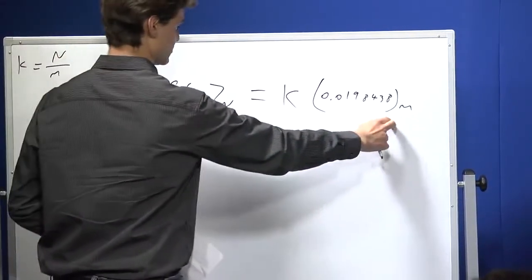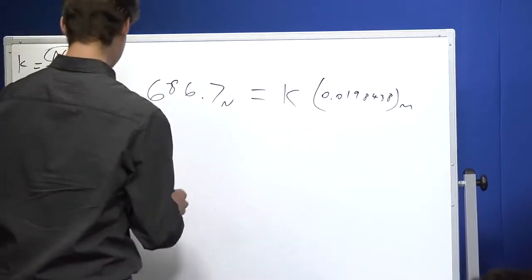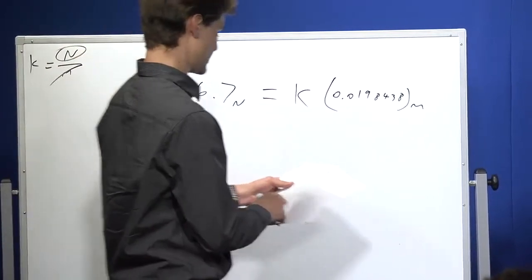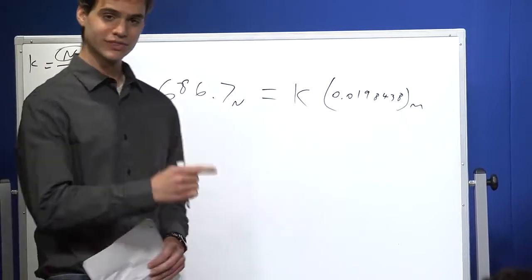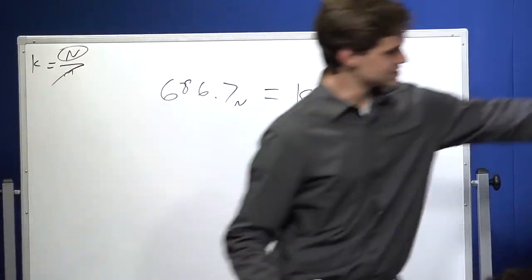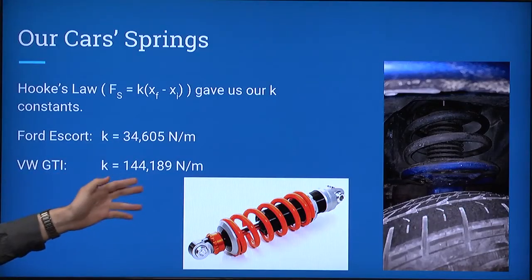So the more meters you multiply it by, the higher force you get. So we found that the Escort's spring constant is 34,605 newtons per meter. What this means is that if you were to go outside and compress this spring 1 meter, it would respond with 34,000 newtons of force.